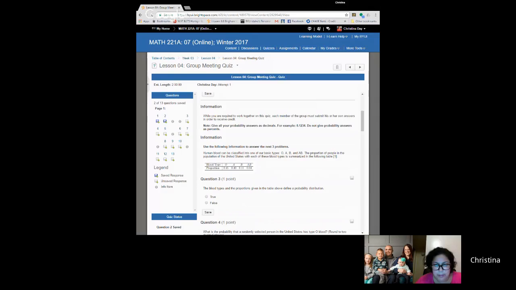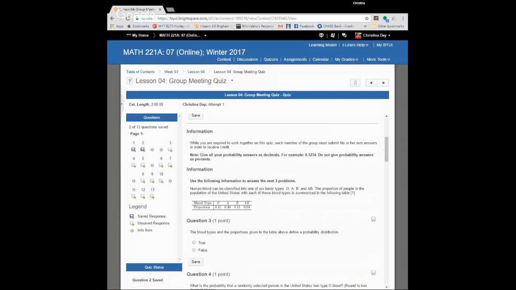So human blood can be classified into one of four basic types, O, A, B, and AB. The proportion of people in the population of the United States with each of these blood types is summarized in the following table. So the blood types and the proportions given in the table above define a probability distribution, true or false.